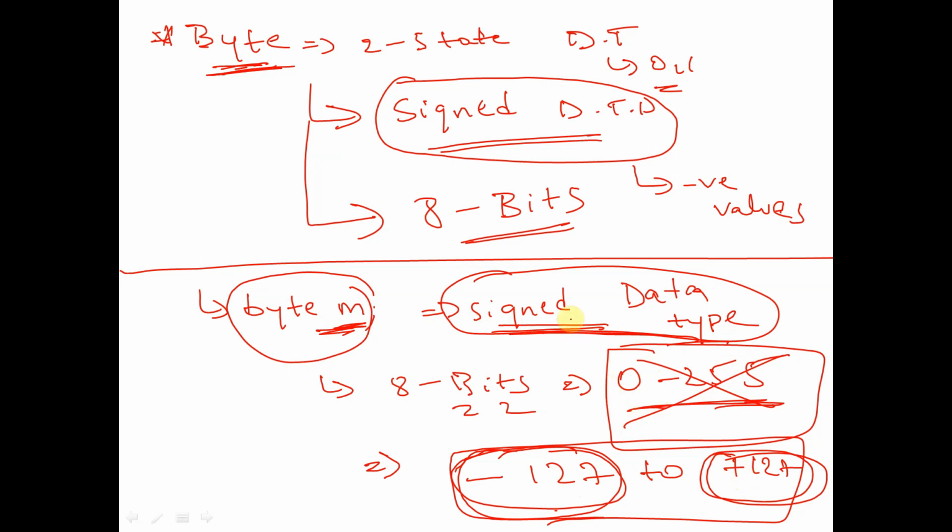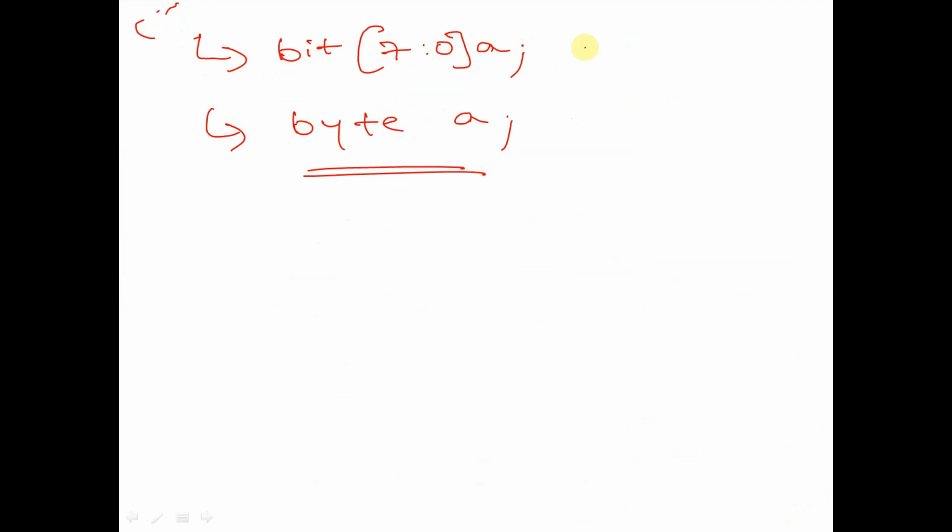Give me a minute. Let's see an example here. If we have bit [7:0] A and byte A. So how many bits we have here? 8. And how many bits we have here? 8 bits.